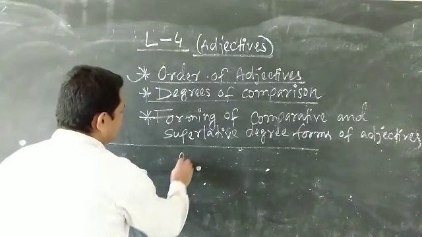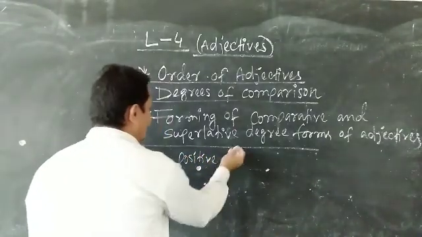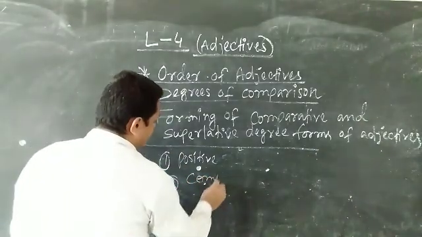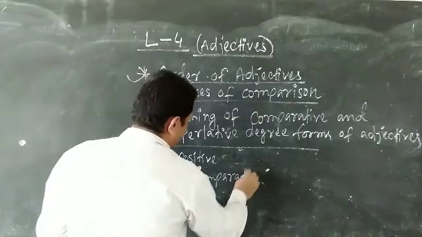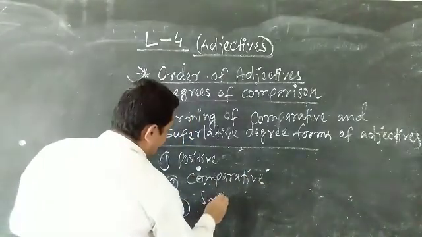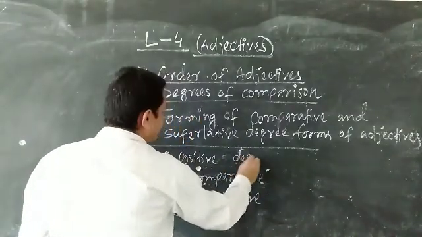We have positive. The first form is positive. The second form is comparative. And the third or last form is superlative, which are known as degrees.